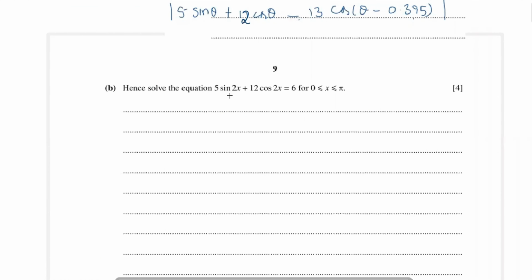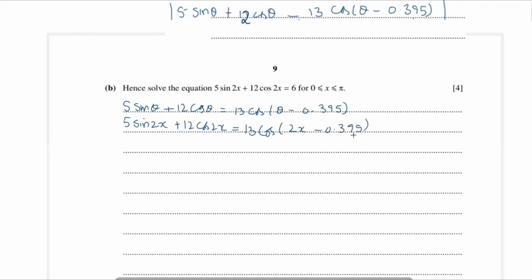Part B, solve the equation 5 sine 2x plus 12 cos 2x equal to 6. Now you see here 5 sine theta plus 12 cos theta we can write as 13 cos theta minus 0.395. Now from this relation, we replace theta by 2x: 5 sine 2x plus 12 cos 2x, and cos theta becomes cos of 2x minus 0.395.